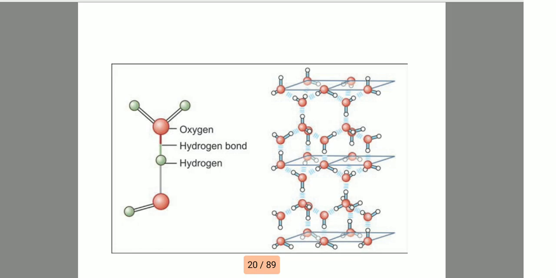Here in the diagram you can see the first molecule is oxygen, then a hydrogen bond, then hydrogen, and below hydrogen there is a covalent bond between oxygen and hydrogen.